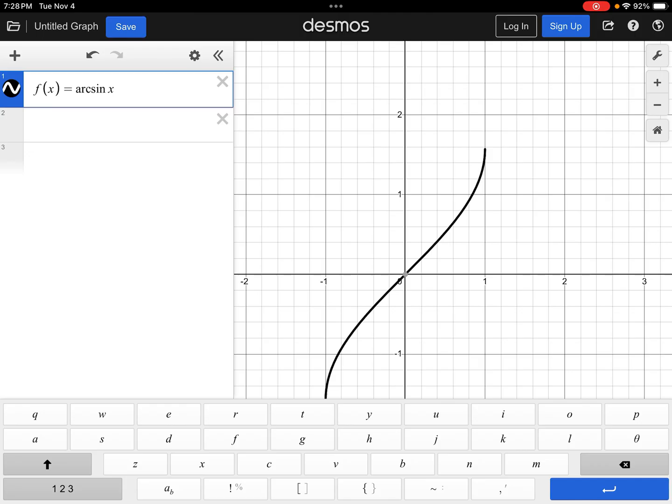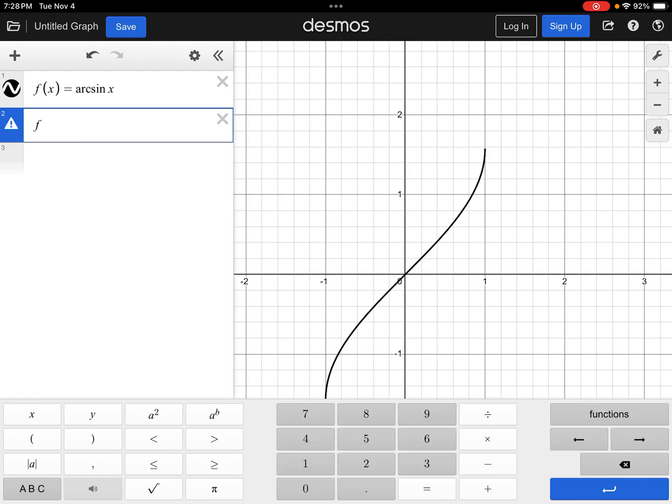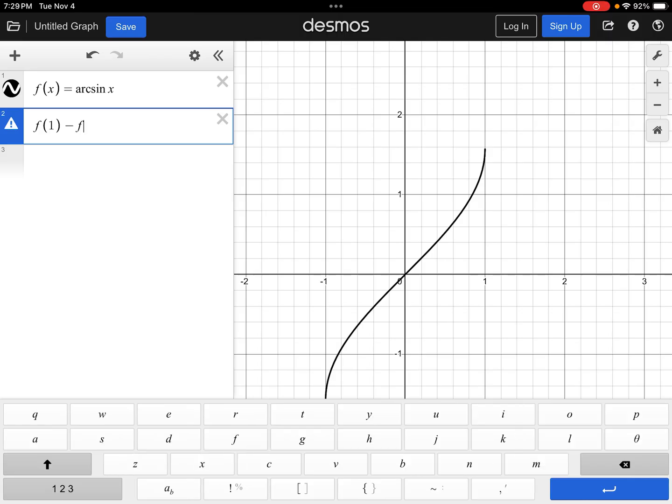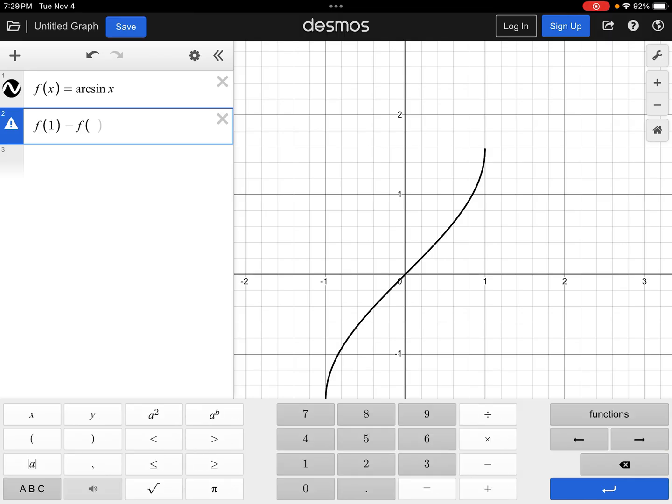So here's arc sine of x. So I'm just going to compute all this in here. So I'm going to say f of 1 minus f of -1 divided by 1 minus -1. And then there you go.